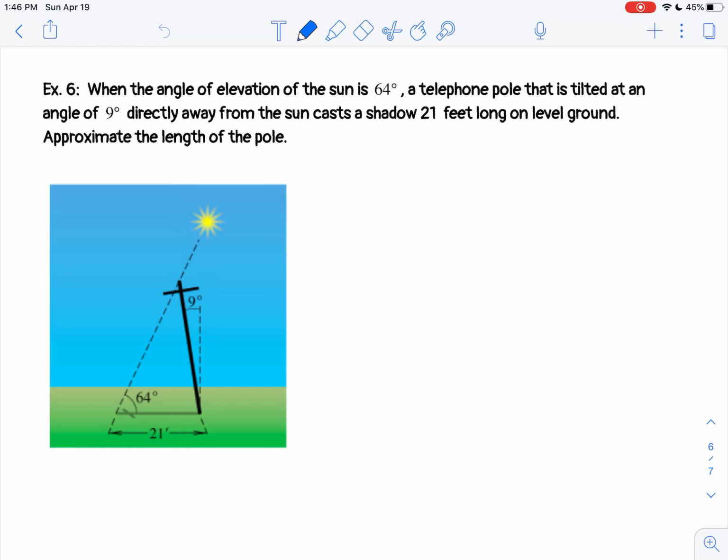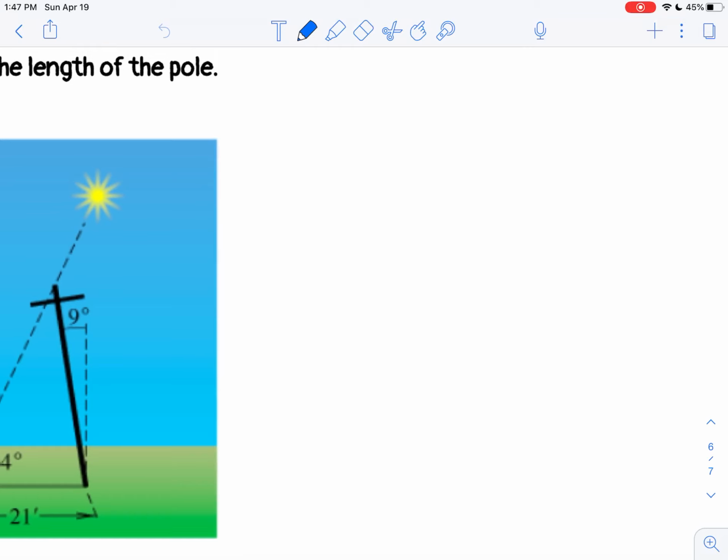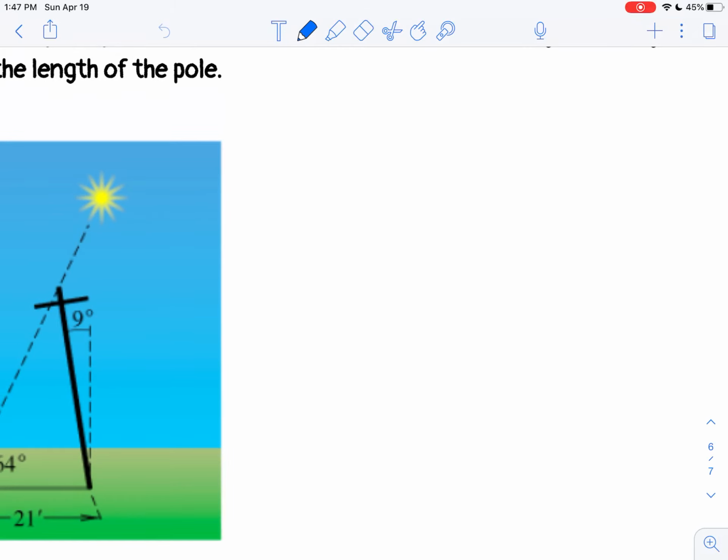Okay, so I'm going to sketch this triangle right next to it, and then we'll do our work below. If I draw this triangle, I have the pole, and then I've got this level ground over here.